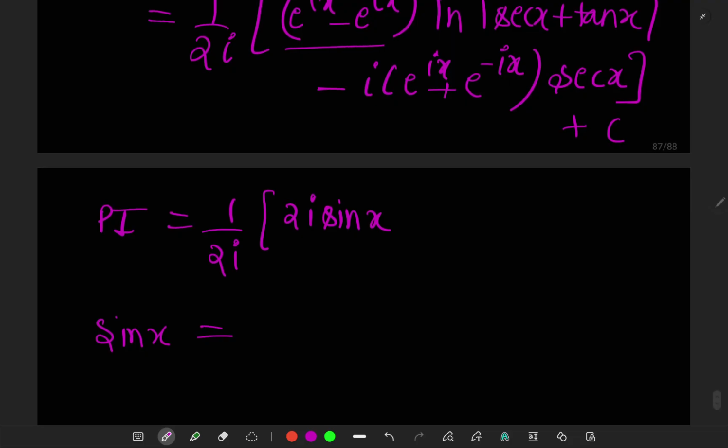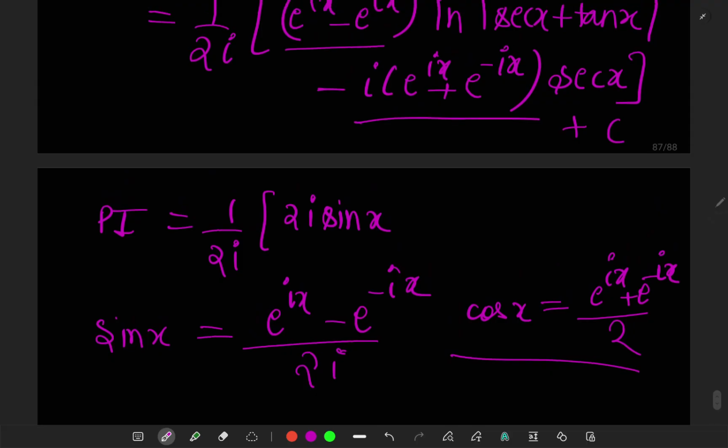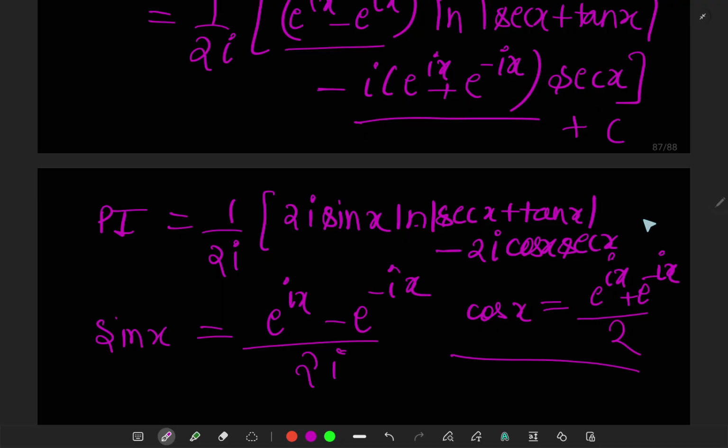Sin x is equal to e raised to power iota x minus e raised to power minus iota x divided by 2i, and similarly for cos x is equal to e raised to power iota x plus e raised to power minus iota x divided by 2. So we can use this in this term, so we can write here minus 2i cos x sec x.